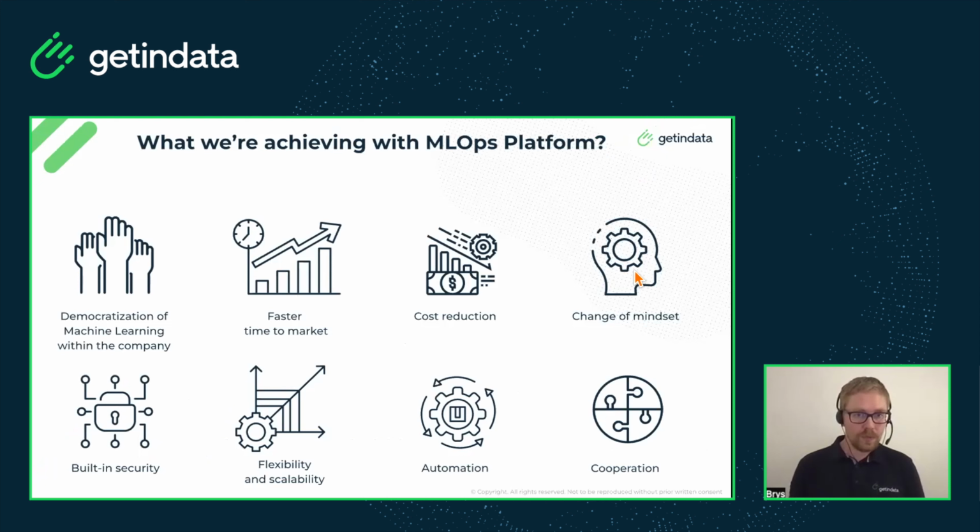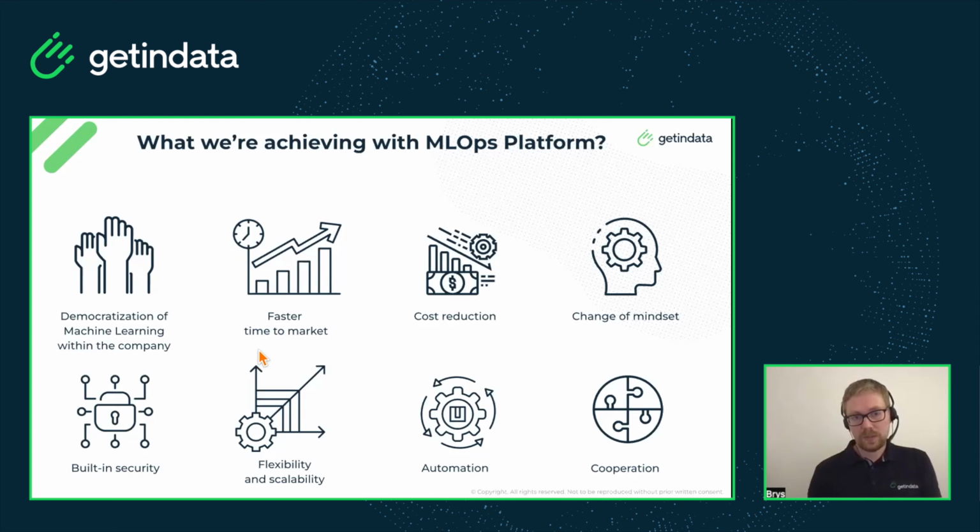This is the framework to unblock a few things in the machine learning model training and deployment process, because with that automation, we can democratize machine learning within the company. We unblock data science teams to own the whole process, and there is no need to engage other teams.